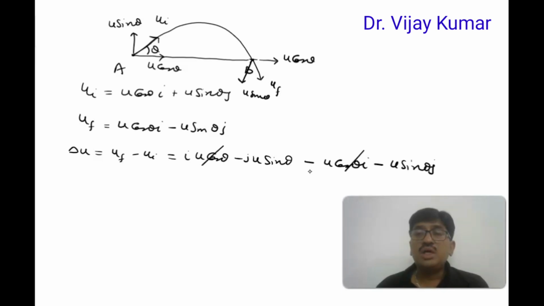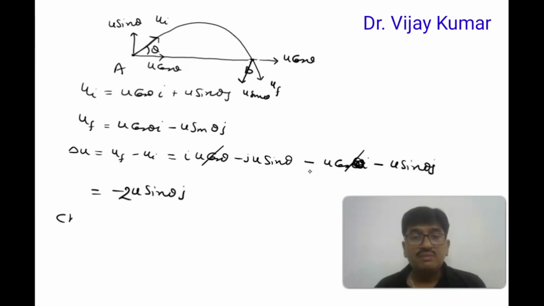The i u cos theta terms cancel out, so it becomes minus 2u sin theta j. This is the change in velocity, minus 2u sin theta j.